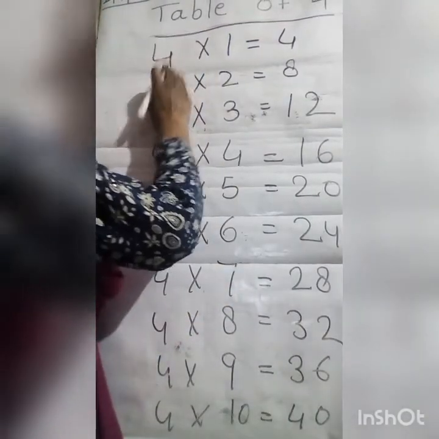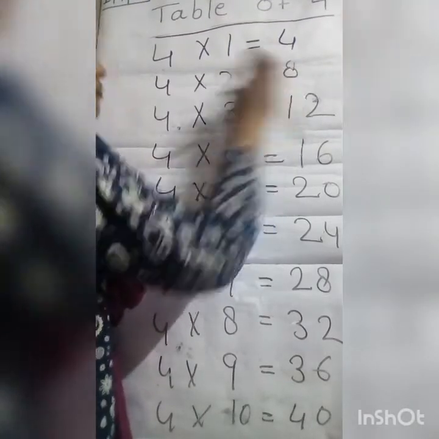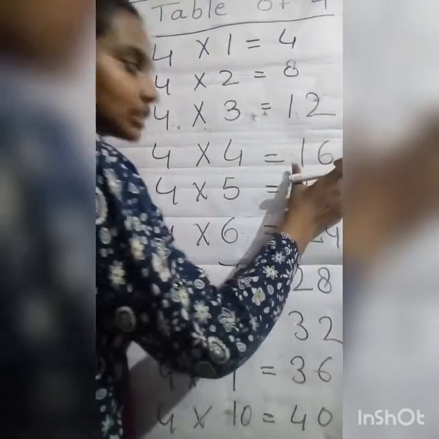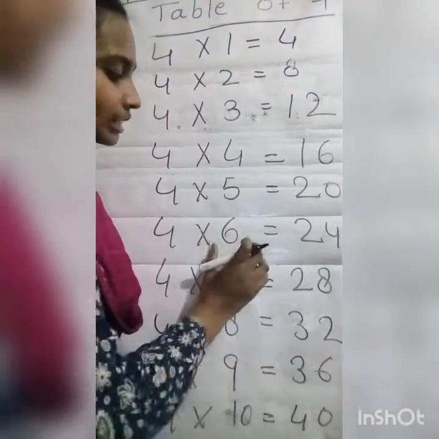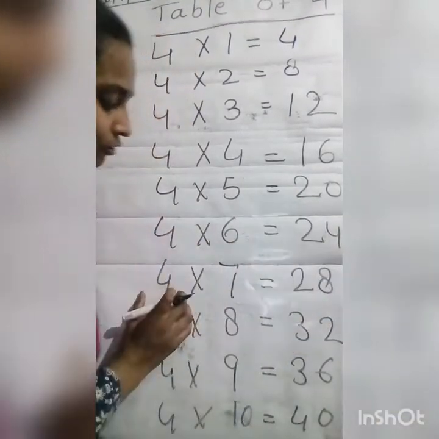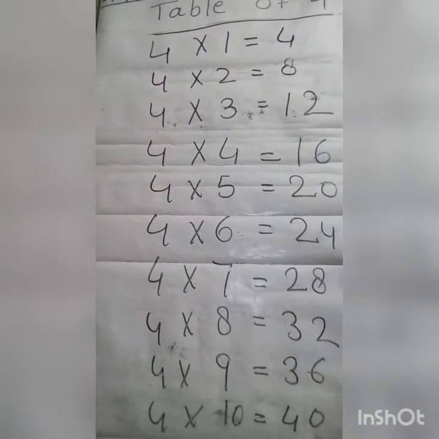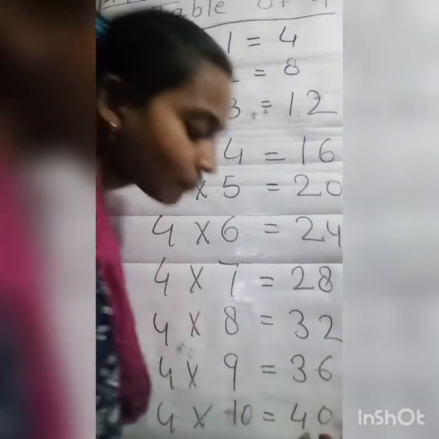I am telling you. 4 ones are 4, 4 twos are 8, 4 threes are 12, 4 fours are 16, 4 fives are 20, 4 sixes are 24, 4 sevens are 28, 4 eights are 32, 4 nines are 36, 4 tens are 40.